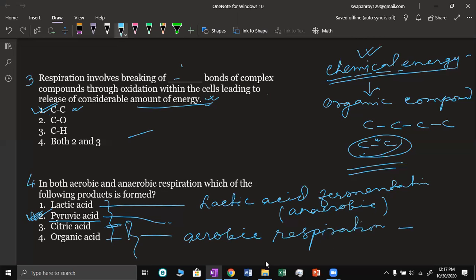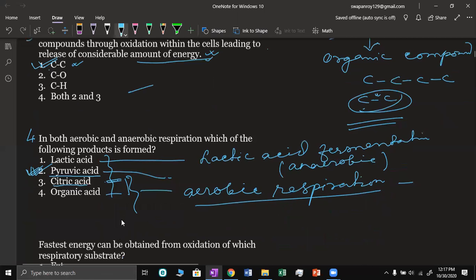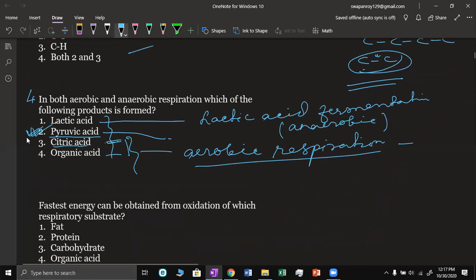Remember that in aerobic respiration, in the Krebs cycle, the first compound that is synthesized is citric acid. And in the Krebs cycle, many organic acids are produced. Okay, so the answer is the pyruvic acid.